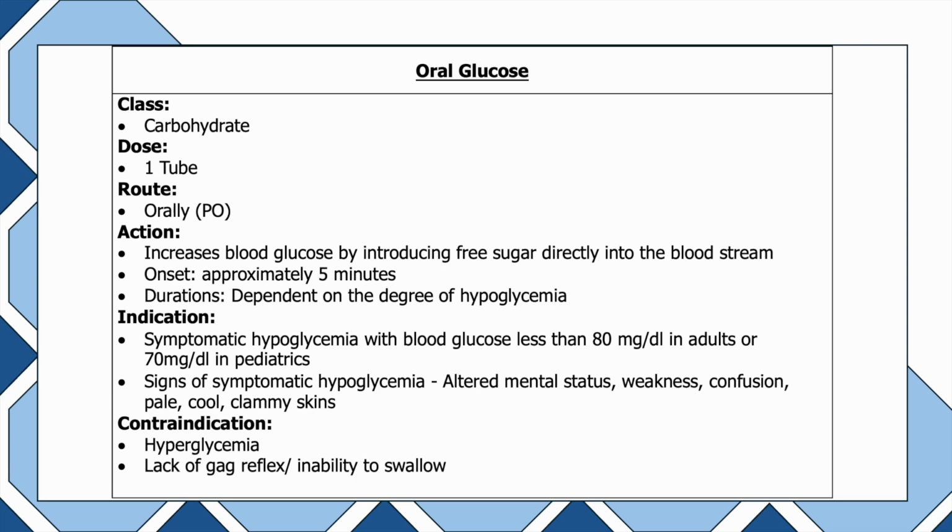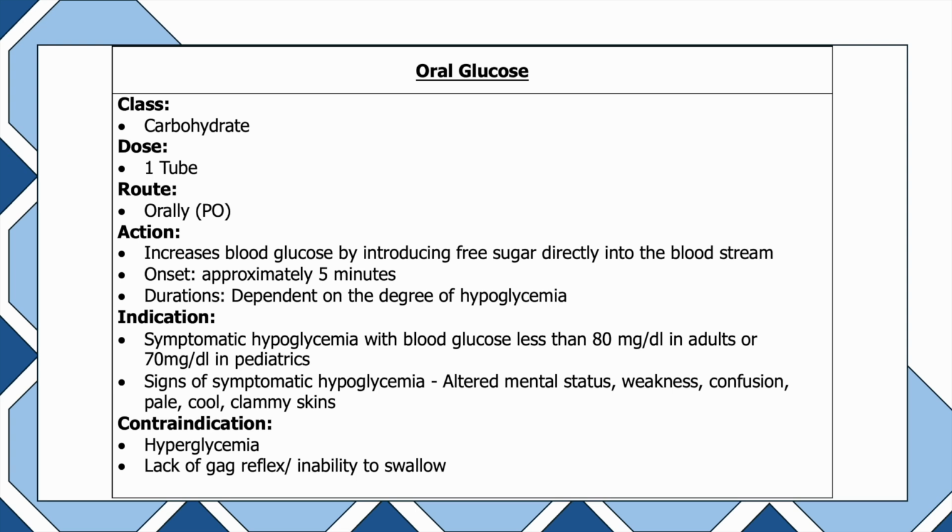Typically, we are going to treat our patients for hypoglycemia when their blood glucose levels, depending on protocol set, are generally less than 60 for adults and pediatric patients and less than 45 for our neonates. Oral glucose is designed to be swallowed, but we can administer this medication sublingually under the tongue or buccally into the gum line, which then gets absorbed into the mucosal membranes in the cheek.